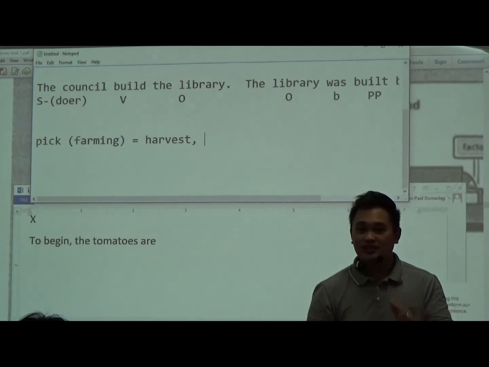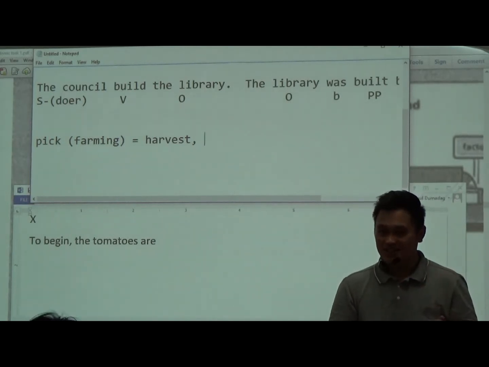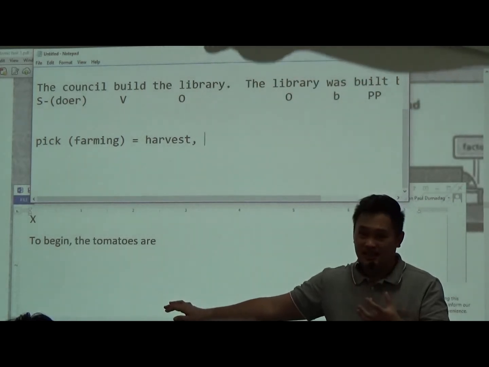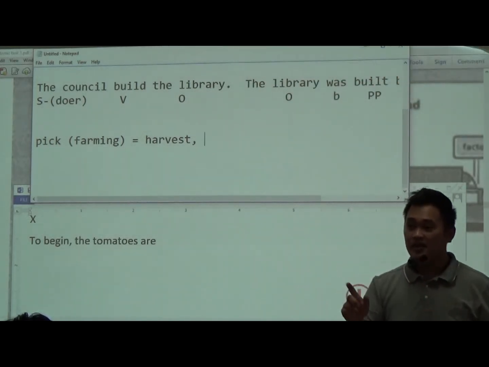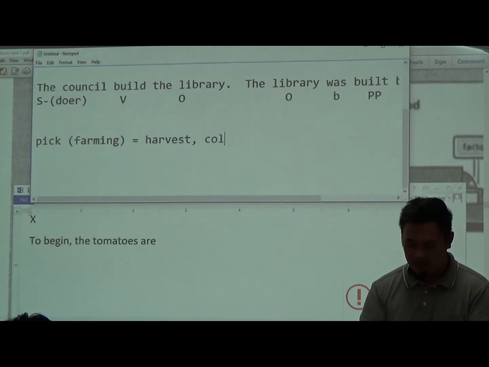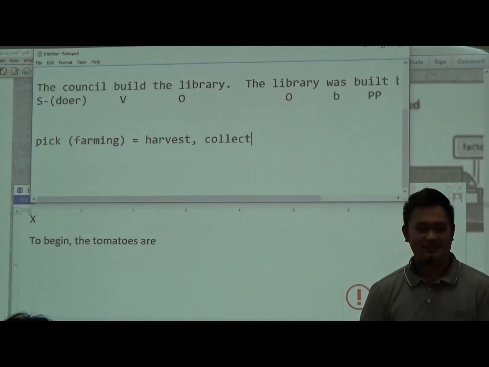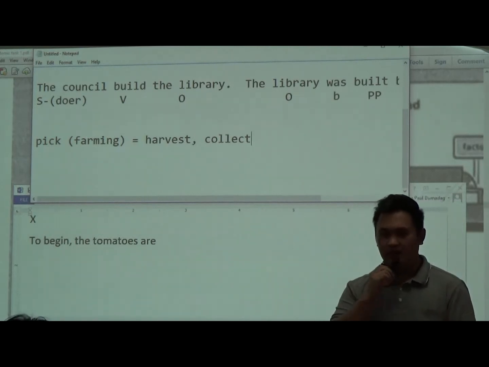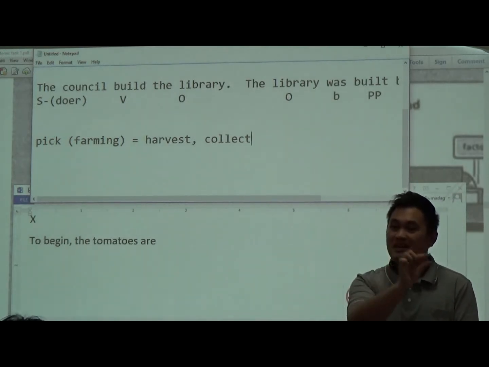But if you want to learn good academic English, harvest is not basic. You only use this for farming English vocabulary. Another word that we use is the word collect. John, collect like collection? No. Collection is only one meaning.